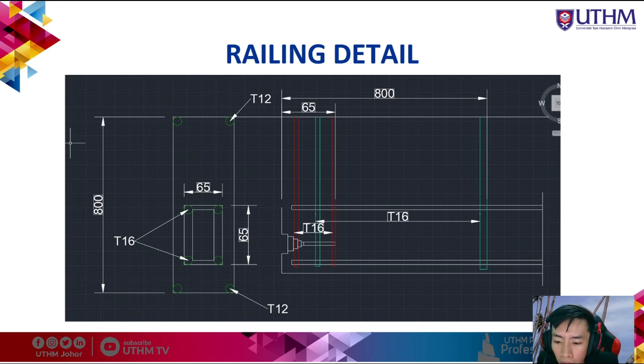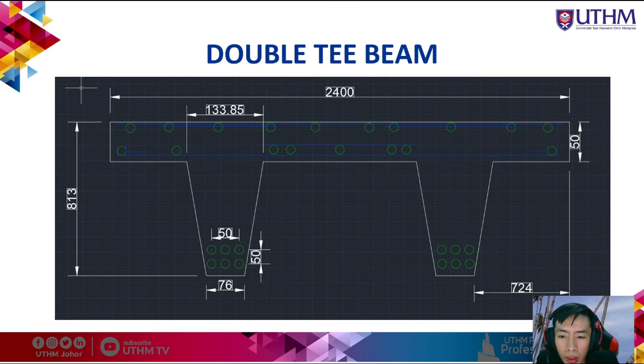The dimension for the tendon is 65 multiplied by 65. For the double T beam, the beam is 2400 millimeter. The length for the T is 133.85 millimeter. The tendon length is 50 and width 50.